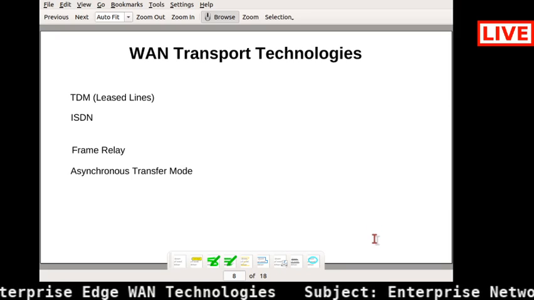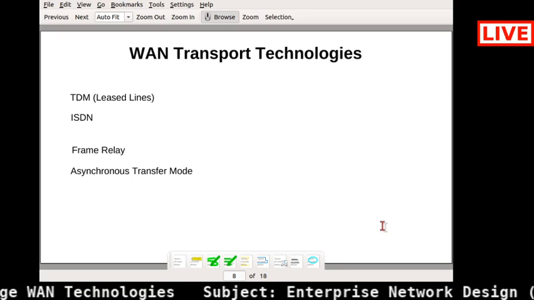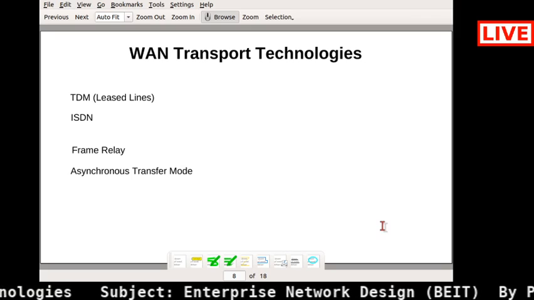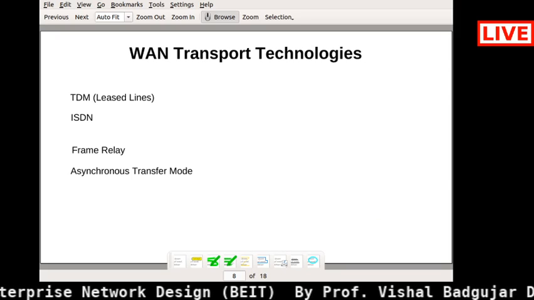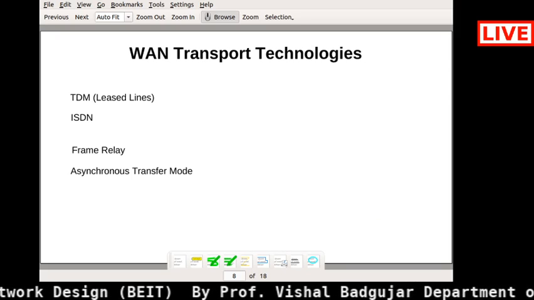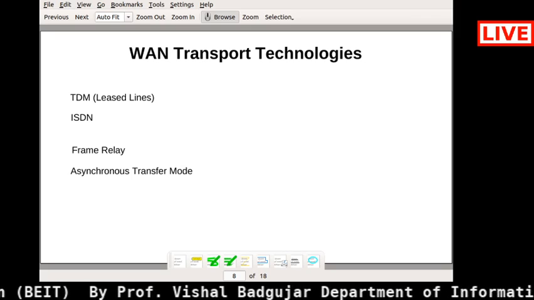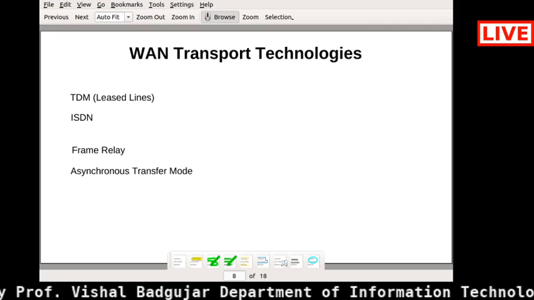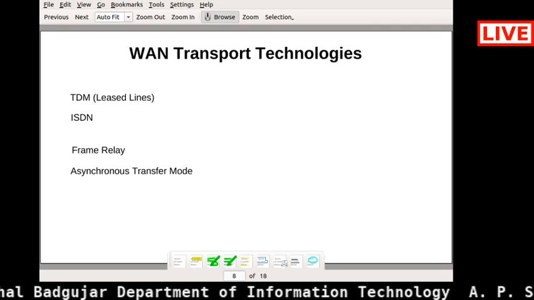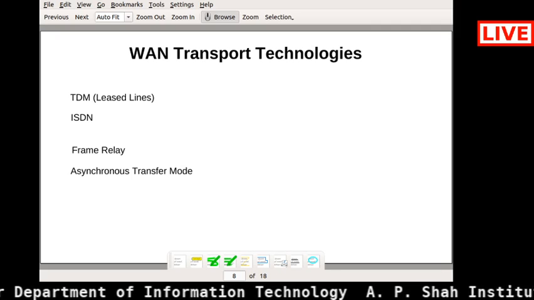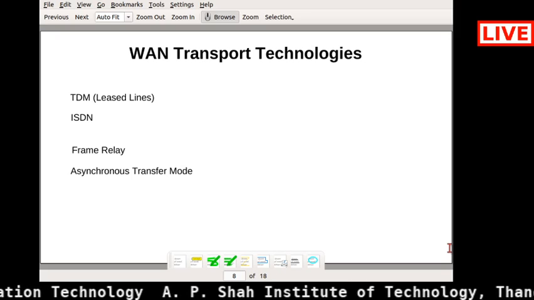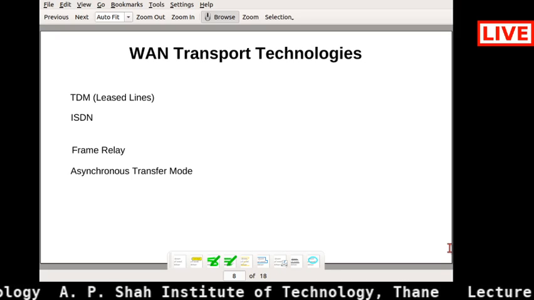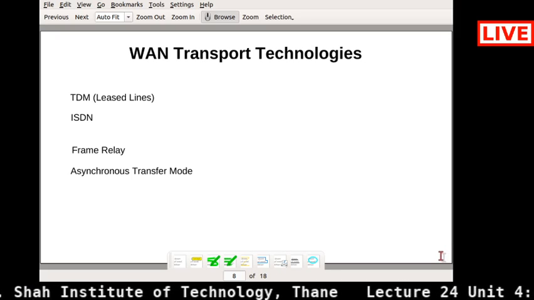It also provides data connectivity over the PSTN using analog modems, and it supports low speed connections compared with broadband technology.